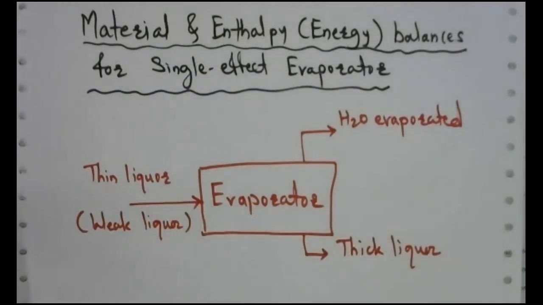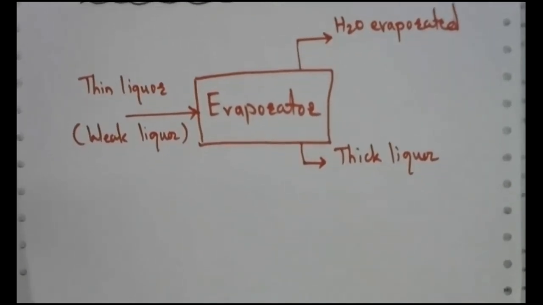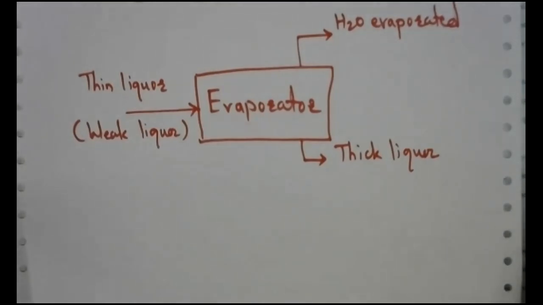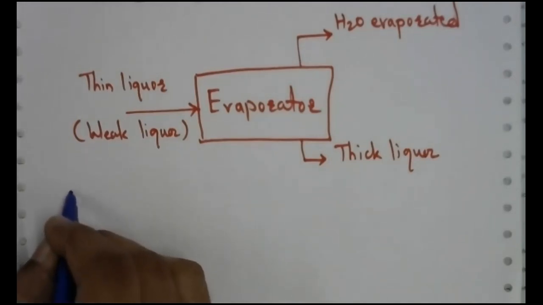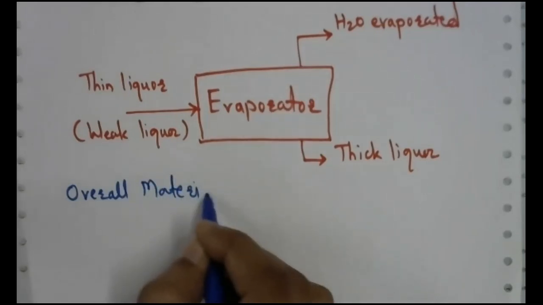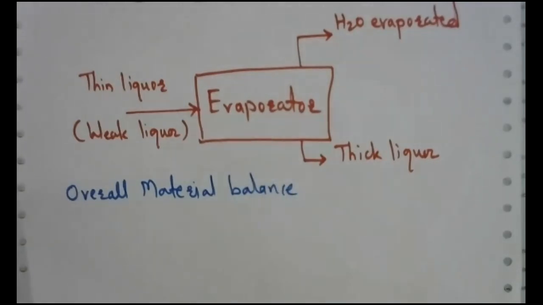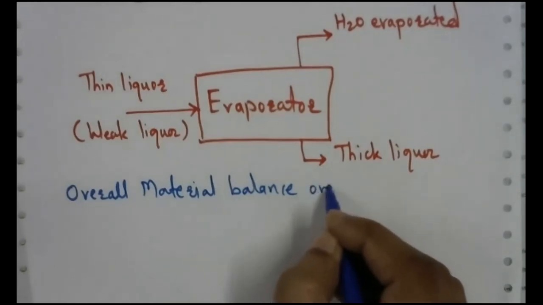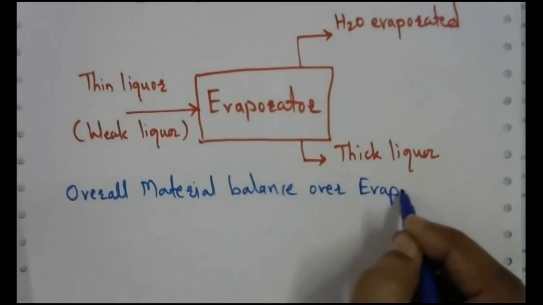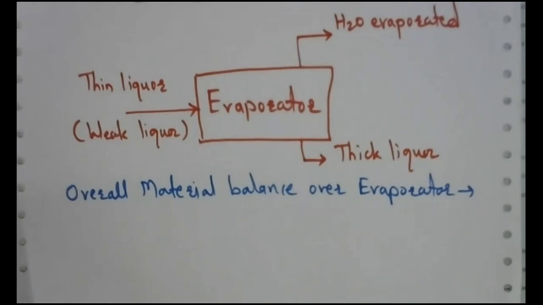So this is the simple material balance, that is input is equal to output. On the basis of that, we can write the overall material balance for this evaporator diagram. So the overall material balance, that is OMB over evaporator, can be written as input is equal to output.